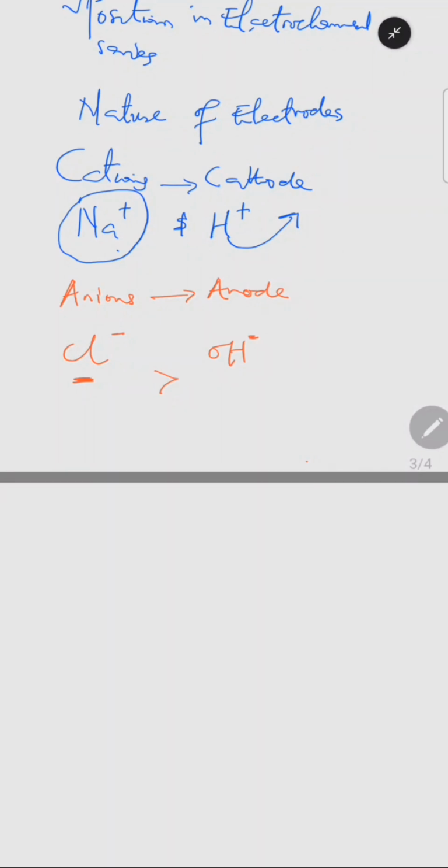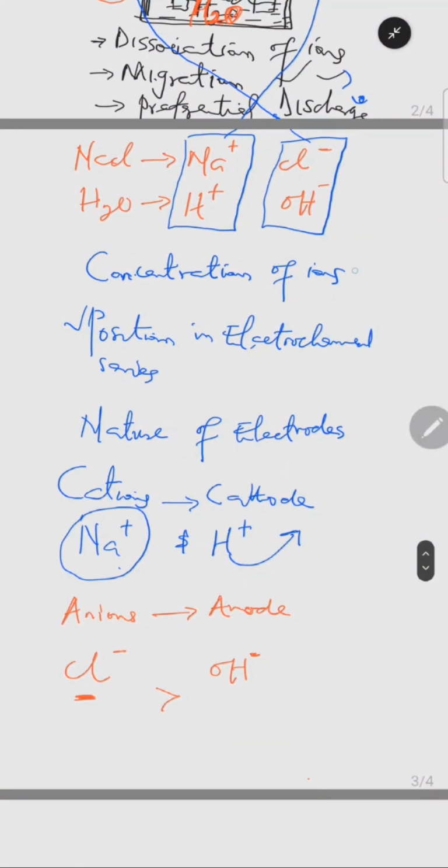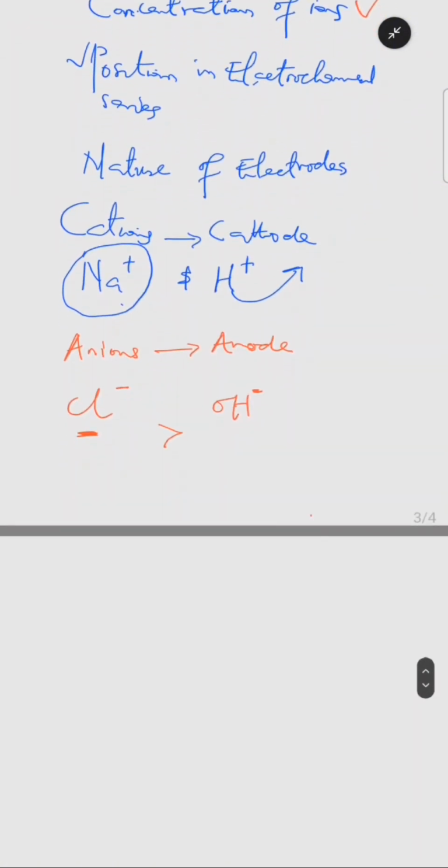And as a matter of fact, when we're using concentration of ions to judge who to leave and who to remain, ions of higher concentration will be discharged, while ions of lower concentration will remain. So it means chloride ion will be discharged, while OH- remains in solution.